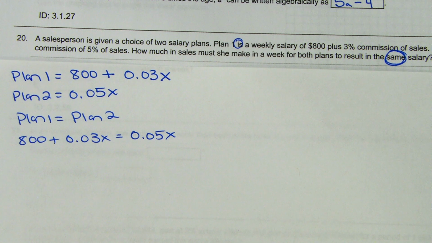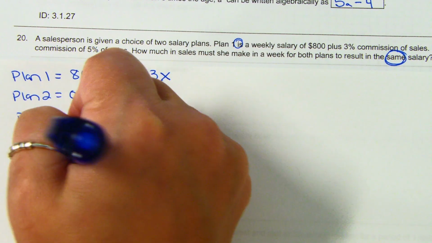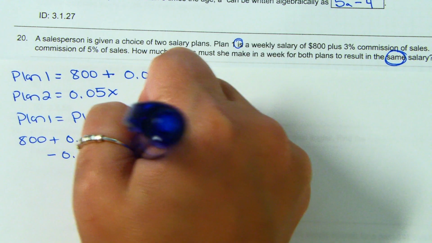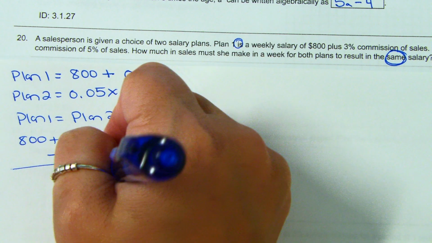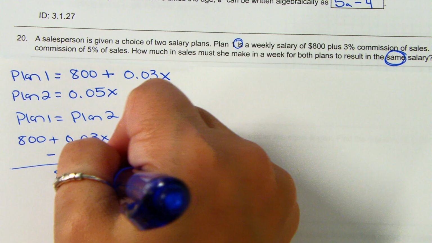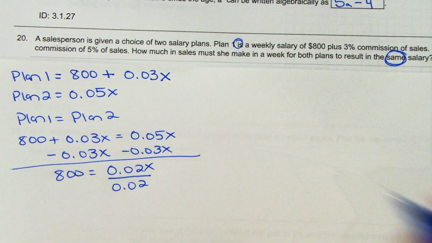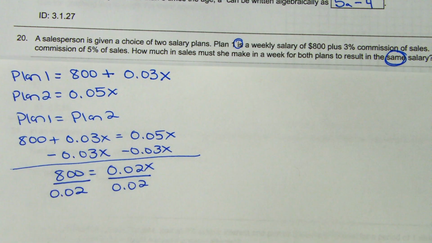Now the question asks us, how much in sales must she make in a week for both plans to result in the same salary? In math, when we think of things being the same, that means we're using equal signs. So if I want plan 1 and plan 2 to be the same, what I'm saying is I'm going to take plan 1 and I'm going to set it equal to plan 2.